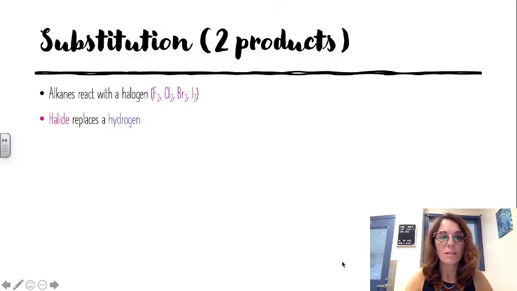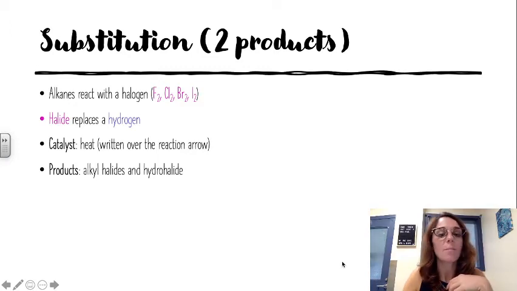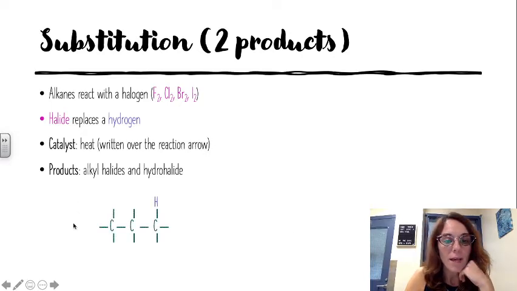Okay, so here we can see the reaction in a little bit more detail. In order for this reaction to happen, it does need a catalyst, and the catalyst that we use is heat. Catalysts always have to be written on the arrow between the reactants and the products. So here we have our alkane. In this case, this one is called propane. There are hydrogens everywhere around here.